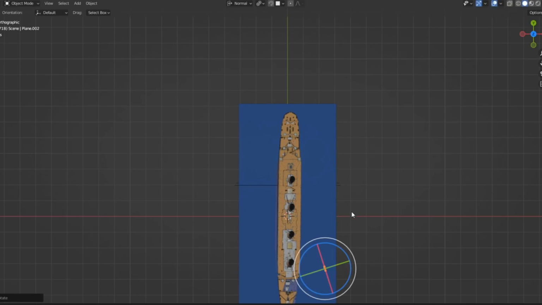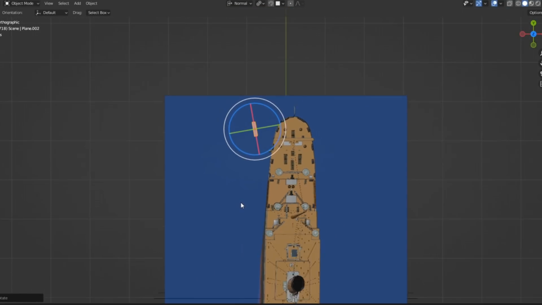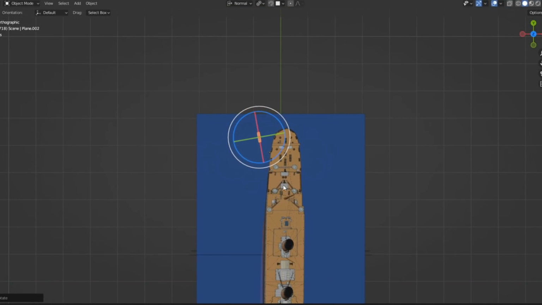So let's say that Boxhall's course would take him roughly around here, and then he passed under, and then he was approximately right here when he began to pull away, and he would be going in roughly this direction.